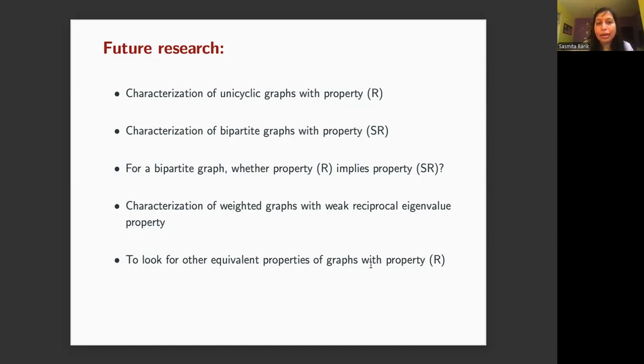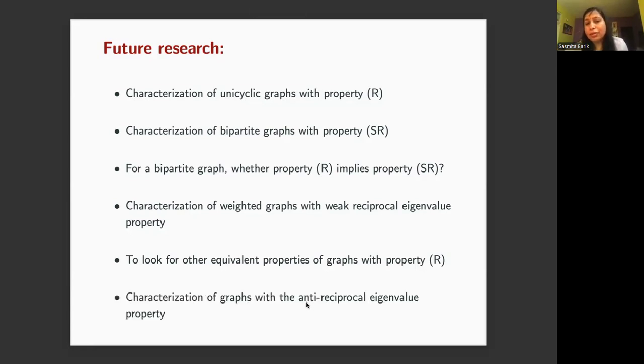What other properties the graph has have not been investigated so far. So how the graph structure would be in the graph case, or what other properties the graph has when it satisfies property R, is not explored, and can be explored.